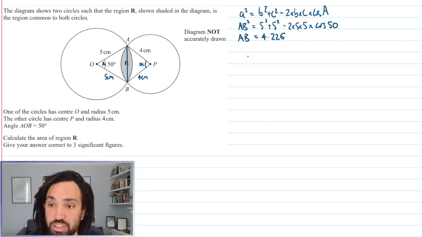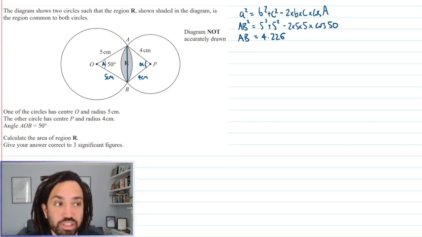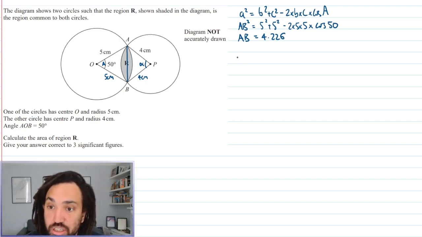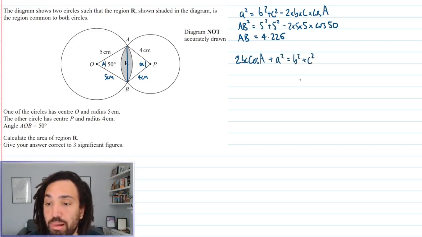So what you can do is just rearrange this equation up here. So this big slab, which is minus 2bc cosine A, I can add that to the other side of the equation. So that becomes 2bc cosine of capital A plus a squared is equal to b squared plus c squared.